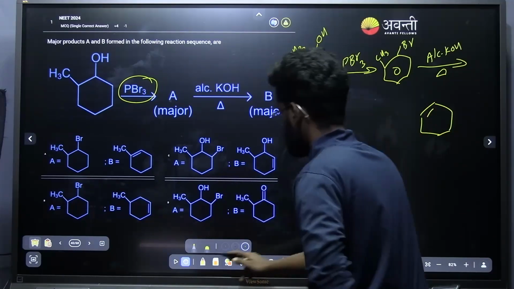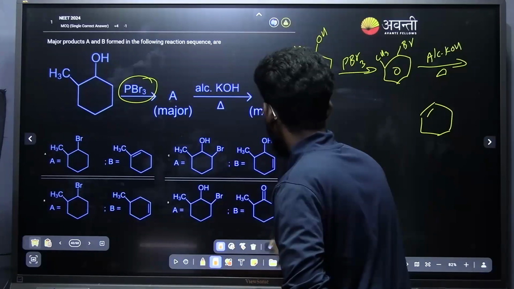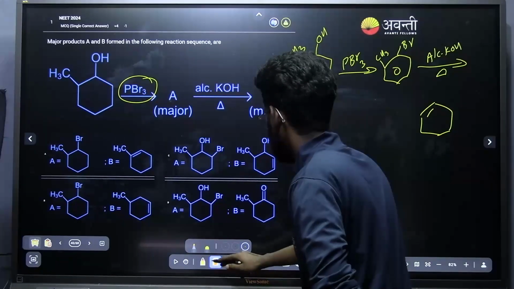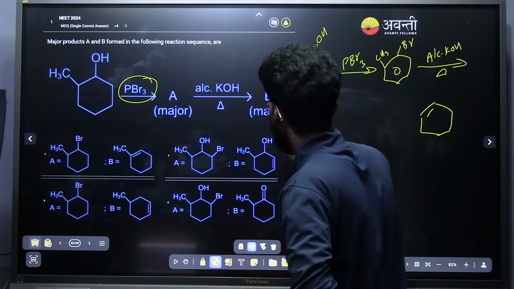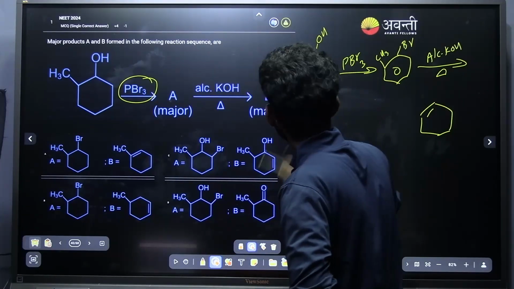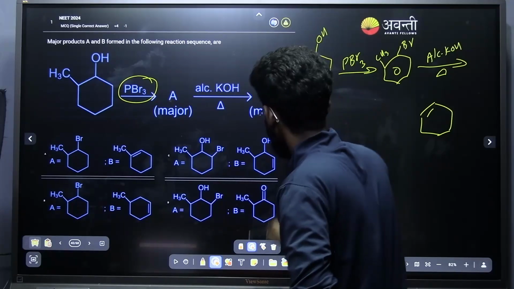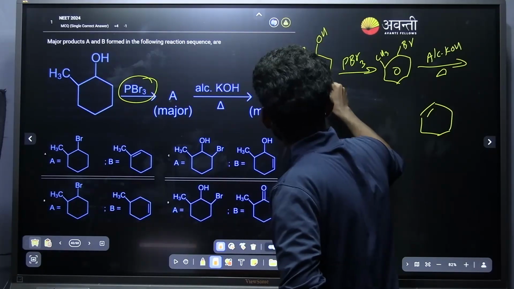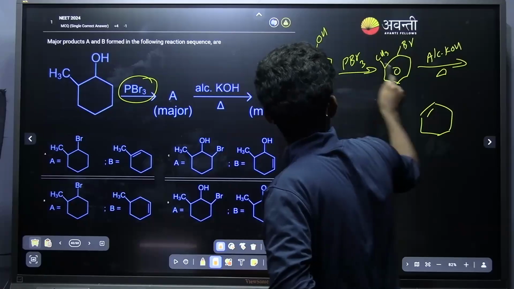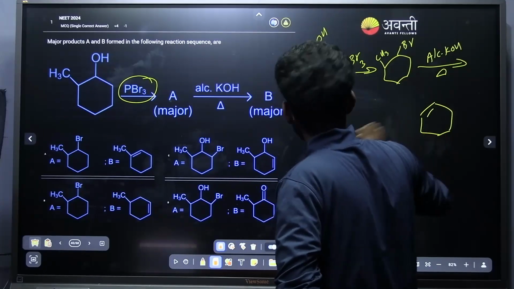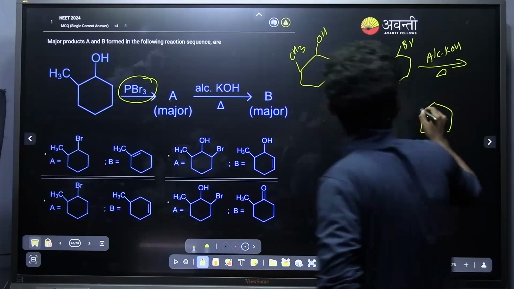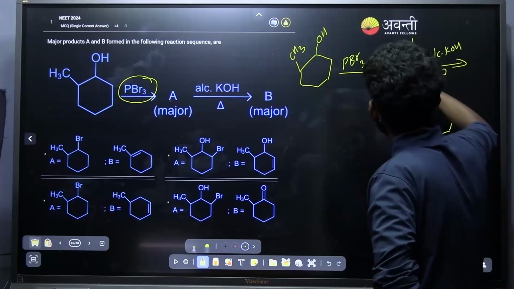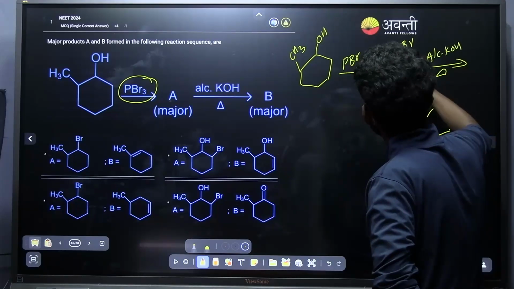There is no cyclic ring, right? This is alpha and this is beta.